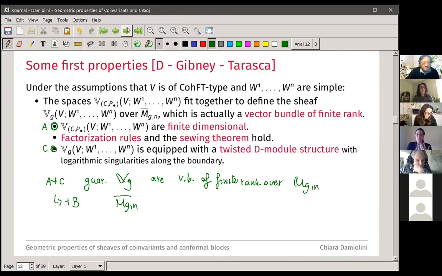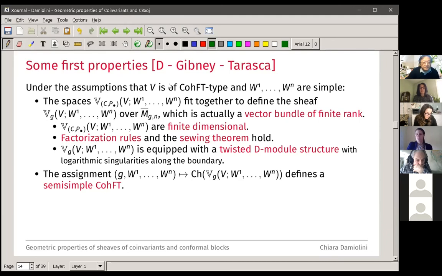Before going to the property I want to discuss today, let me mention, maybe going back to his question, the CohFT. What I mean by cohomological field theory is that if I take the assignment, we take a genus, a positive integer, and n simple modules, and I associate the Chern character, this defines a semisimple CohFT.